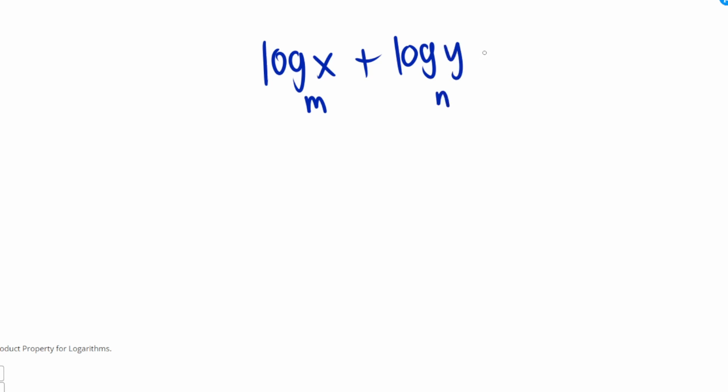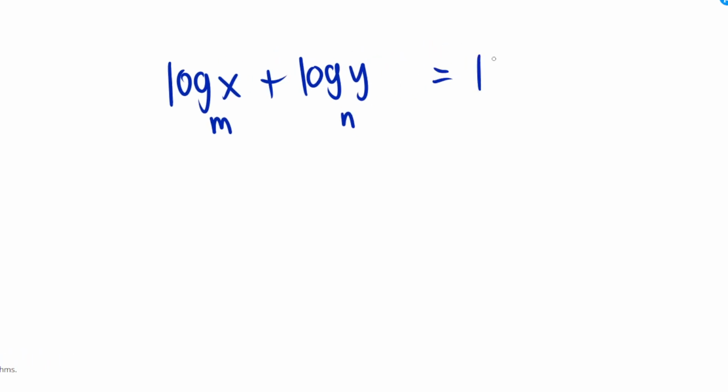So firstly, let me make a new layer. Log base m to the x plus log base m to the y is exactly the same as log base m to the x times y.